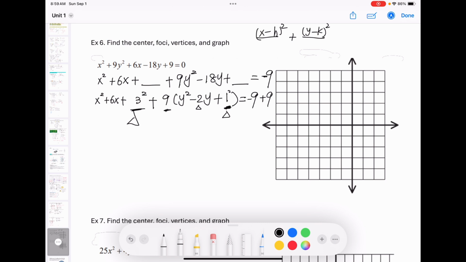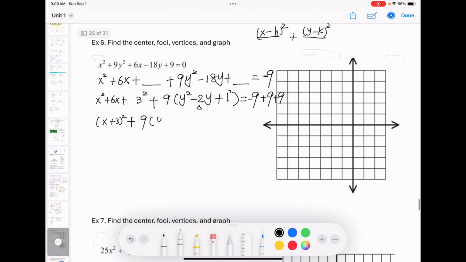It is 9 plus 2 9s. Okay. Let's rewrite our equation. The first 3 terms make a perfect square, x plus 3 squared. And then the rest of the part is 9 times y minus 1 squared is equal to 9.